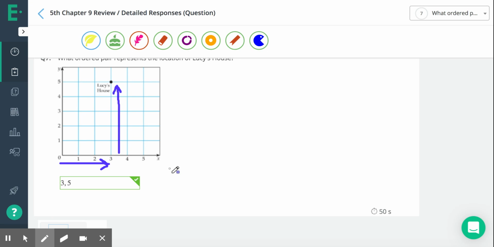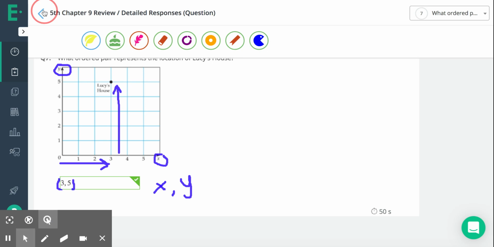So it needs to go X, Y. So X was over 3 and Y was up 5. So it should have been 3, 5. I'd love it even more if you put in these parentheses. Your Edulastic might require you to put in parentheses. So technically you should have parentheses 3, 5 parentheses.